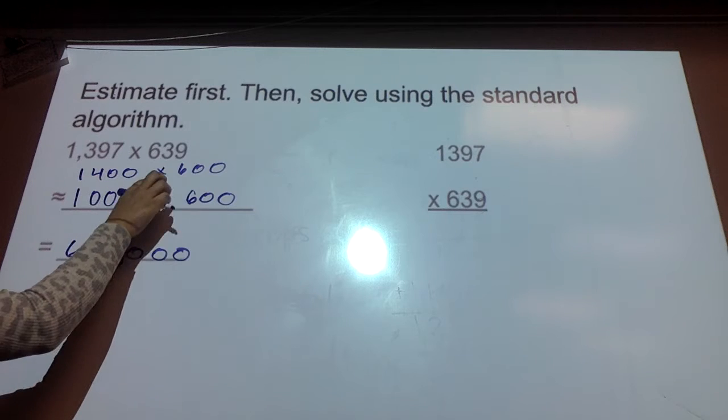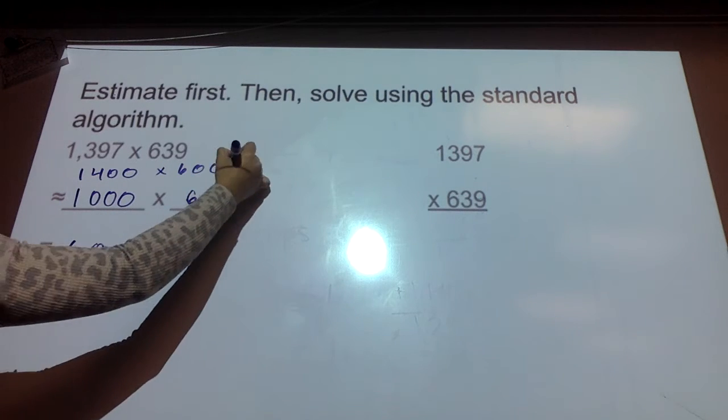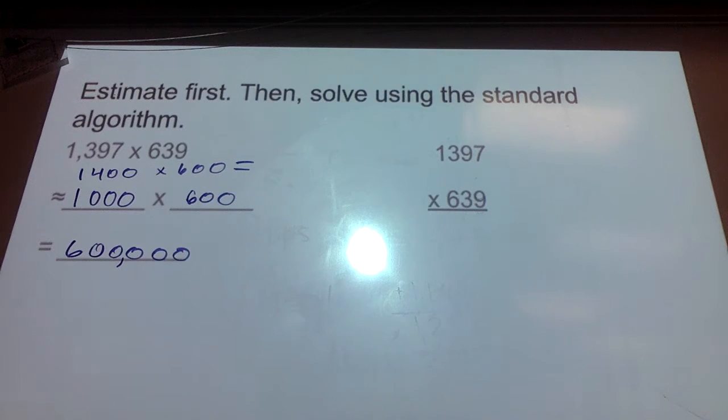And then 14 times 6. Okay, so 12 times 6 is 72, 73, 74, 75, 76, 77, 78, 79, 81, 82, 84.